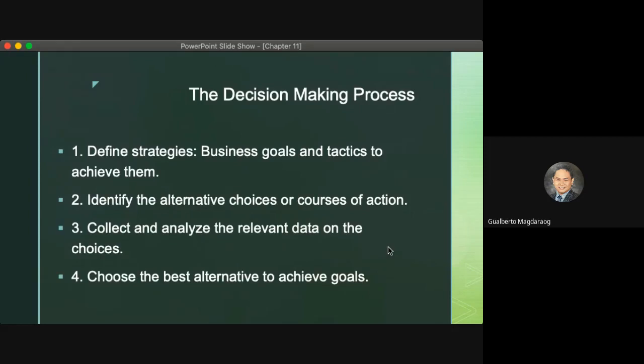So, just like in any other organization, especially in a business organization, managers are expected to make a decision that is advantageous or for the benefit of the company. And when I say for the benefit, that is achieving its goals. And one of the primary goals of the business is to earn a profit.